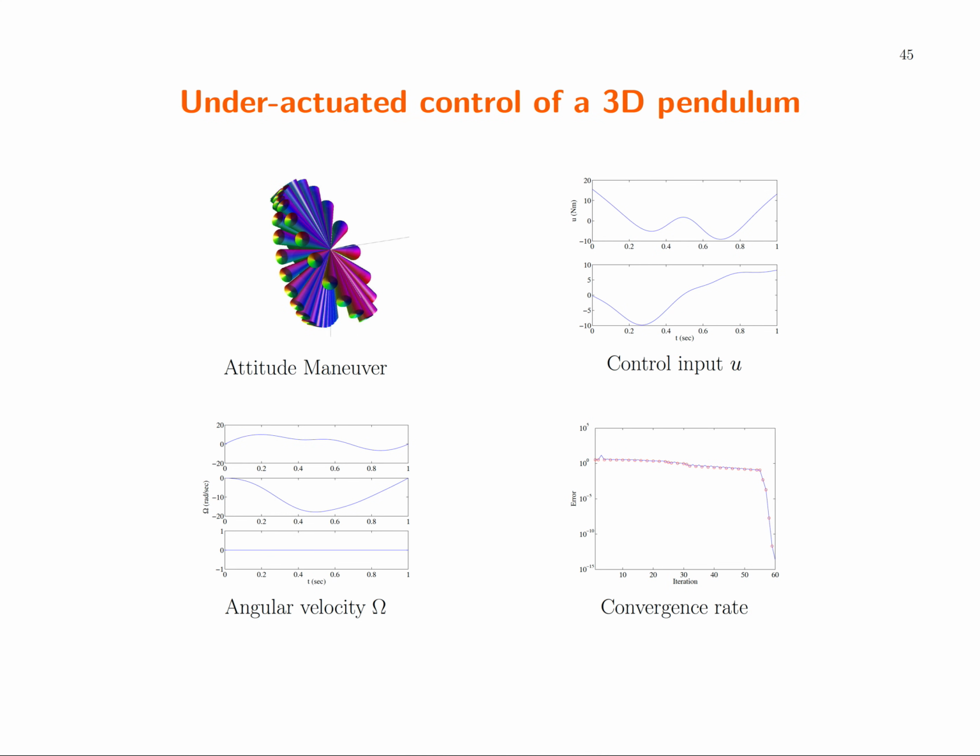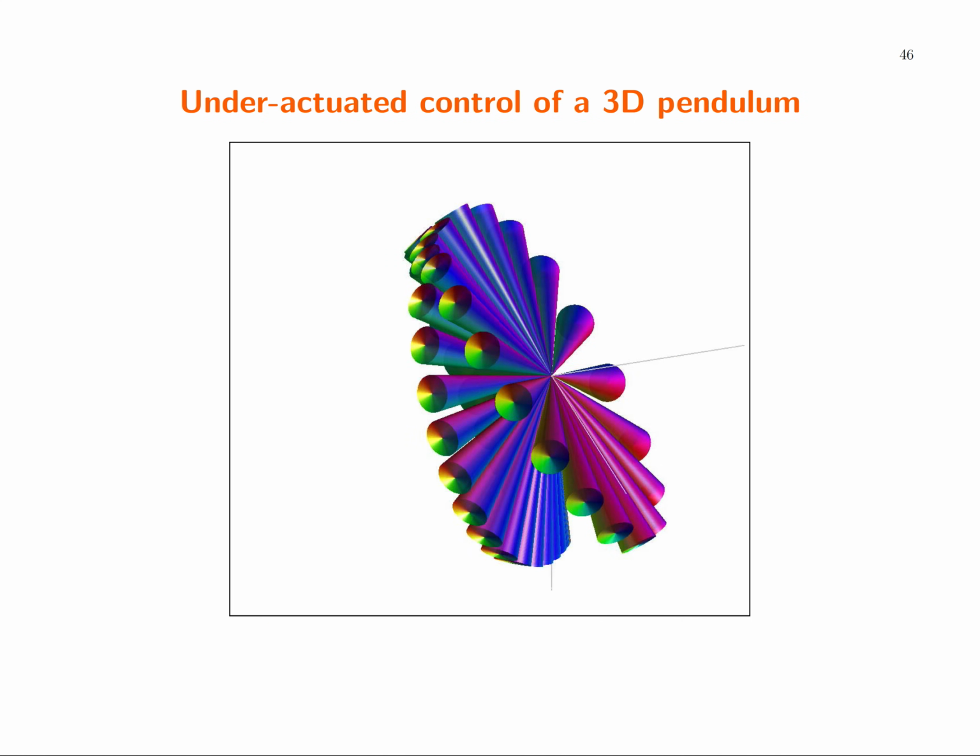And the missing degree of freedom is rotation about the axis of the 3D pendulum. And of course, to make things interesting, you can ask, is there some way to control the rotation about this axis when you're only allowed direct control over the center of mass? And so this is what is meant by under-actuation. You don't have full control over all 3 components of the problem.